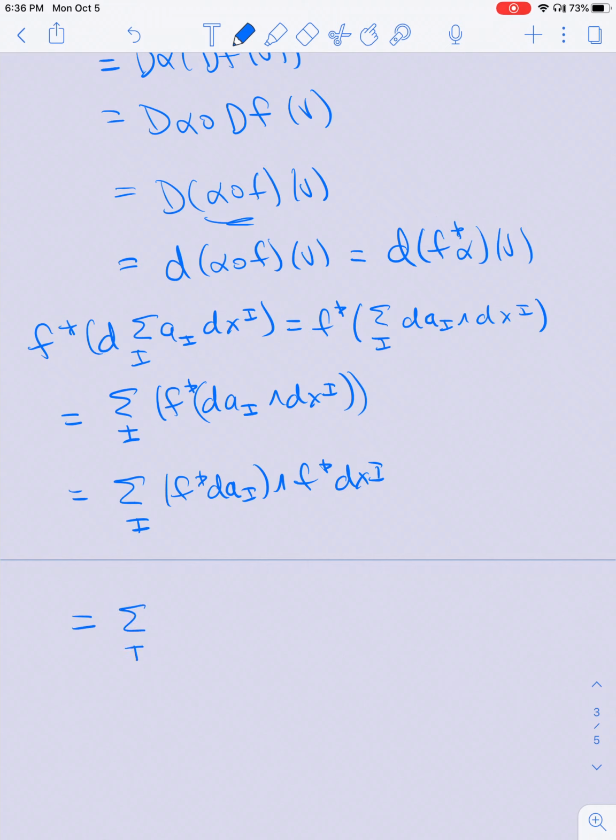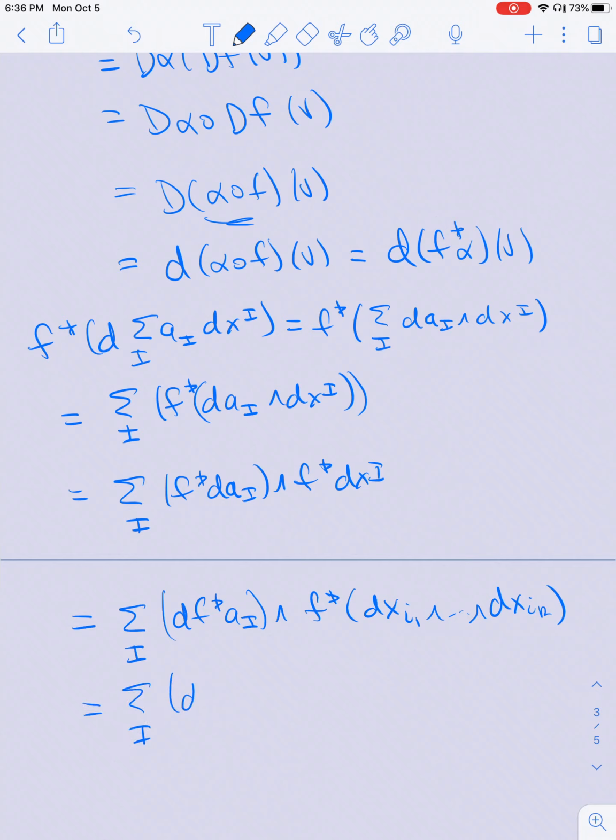And then because property 3 is true for a being a zero-form, so a being a function, this is d of f pullback a_I wedge f pullback dx_I. So I need to now break it out into f pullback dx_i1 wedge all the way out to dx_ik, a k-form.